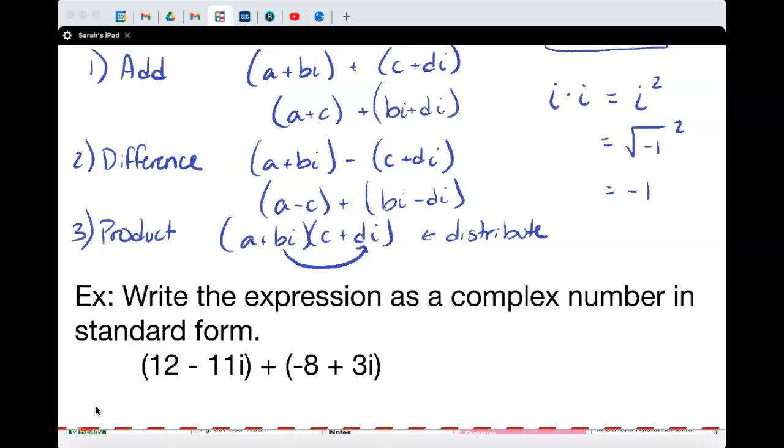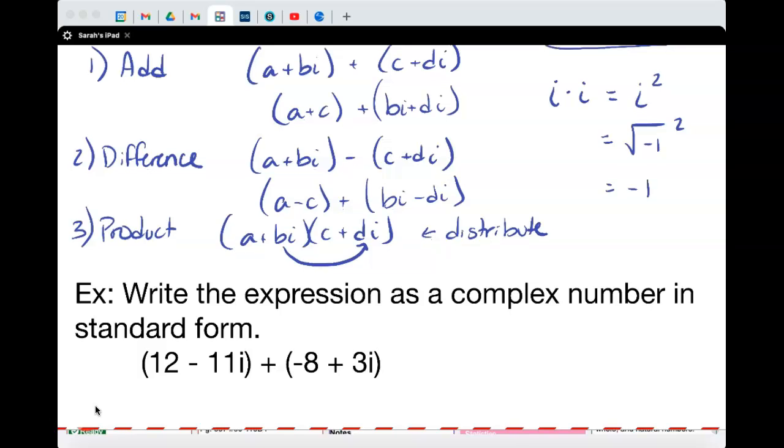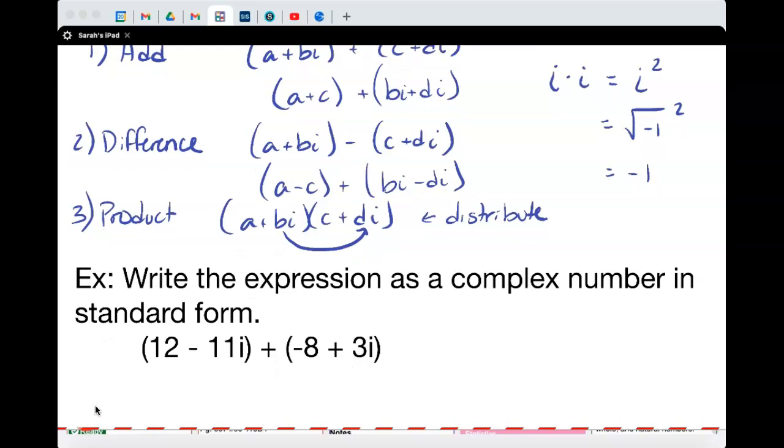Combine like terms. So I'm adding. So what two numbers can I combine first? So I just missed that one. That's okay. What numbers can I combine?